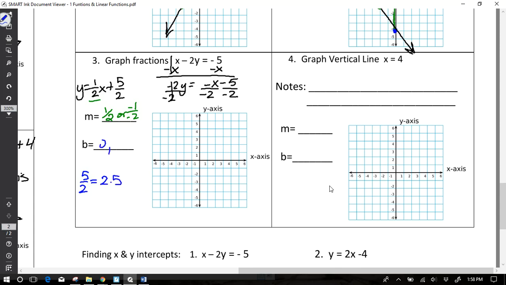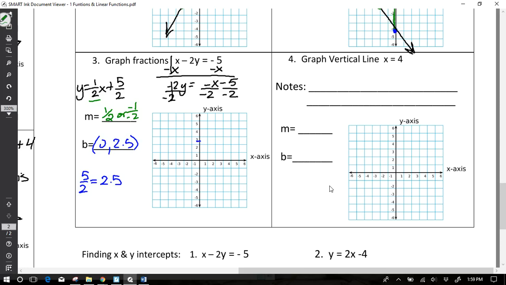So 0, comma 2.5. And having it in decimal form is going to help me plot the point more accurately. So on my y-axis, I would go up to 2, and then I would try to find the halfway point between 2 and 3, and that's about 2.5. It won't ever be perfect when we're graphing these by hand, but it's a good rough estimate.